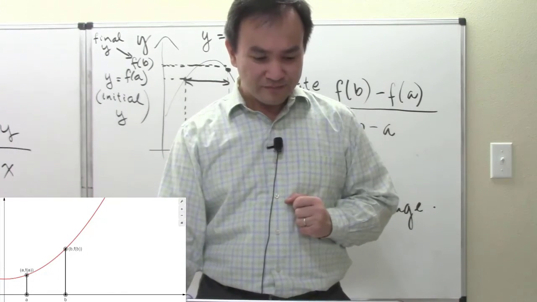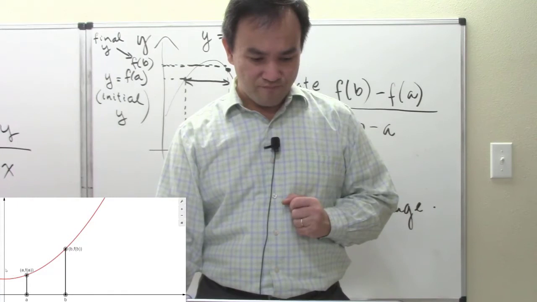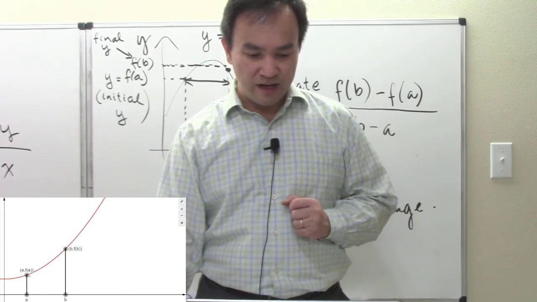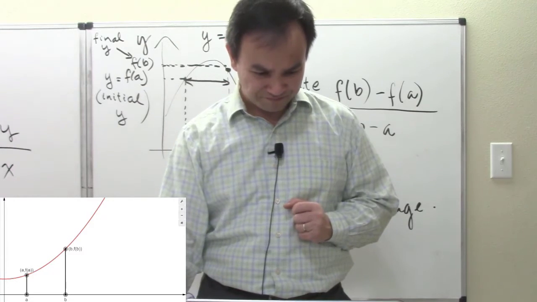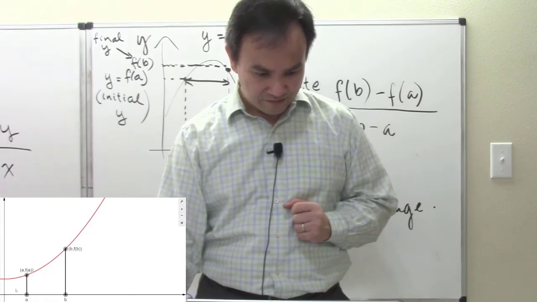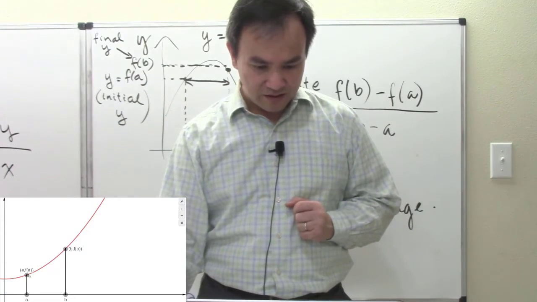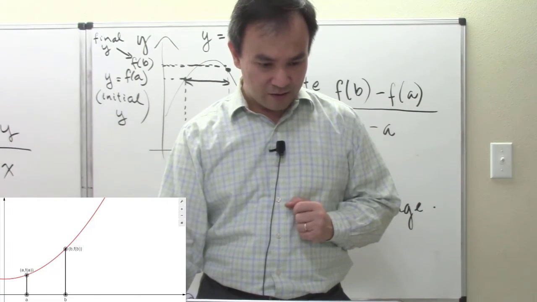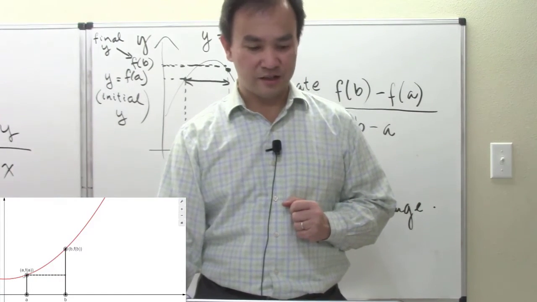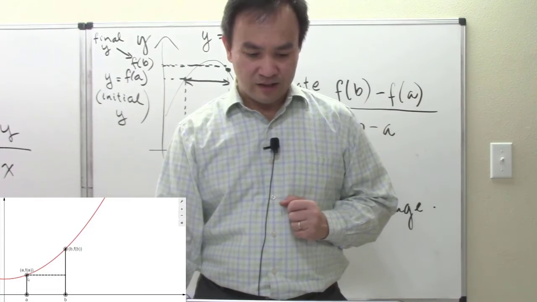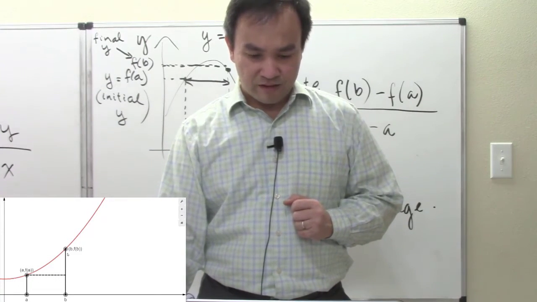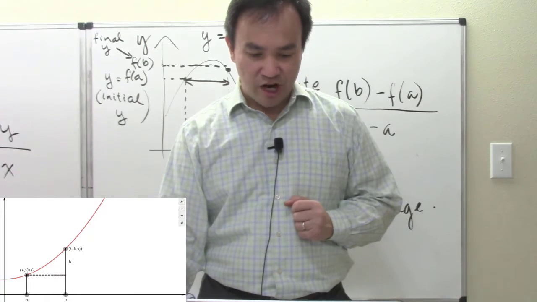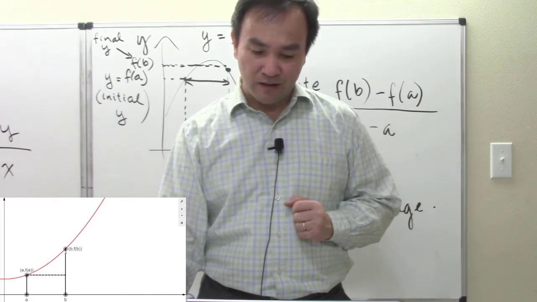In the end, that distance between a and b on the x-axis is that distance from here to here, and I'm drawing it in a dotted line. Now you can clearly see that the change, the delta y that I was talking about, is right here.